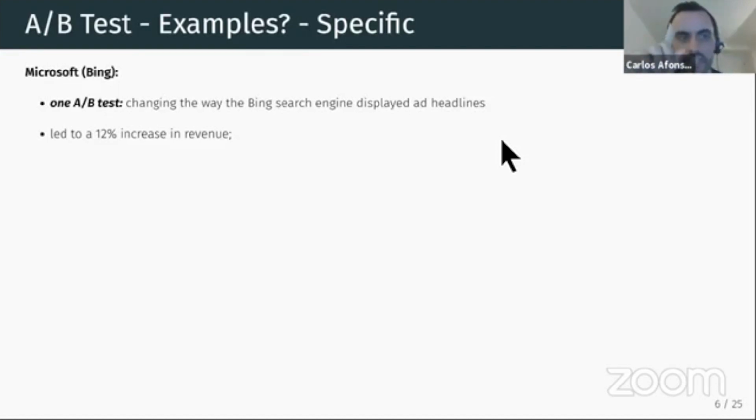That is more than $100 million alone in 1 year, just in the US. So that was quite amazing. Imagine being the one that came up with that A/B test, and in 1 year you increased the revenue by $100 million just in the US. That's not the most common, but I'll give you some other examples.